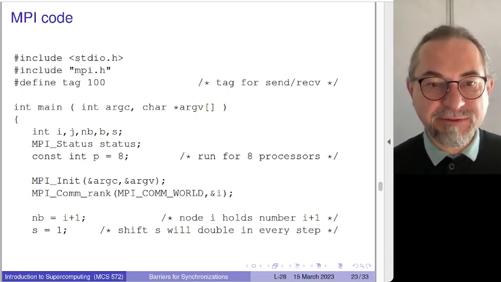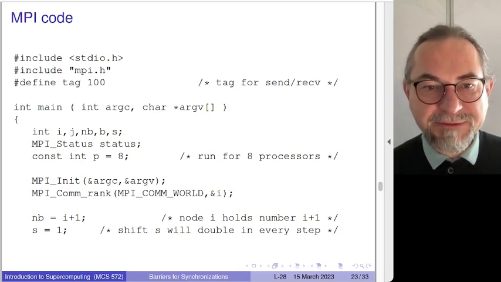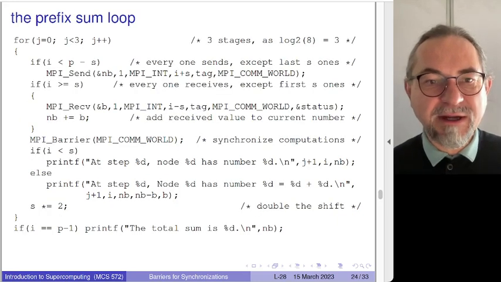So we start our identification numbers from 0. So the ith processor holds the number i plus 1. So then there is this shift.